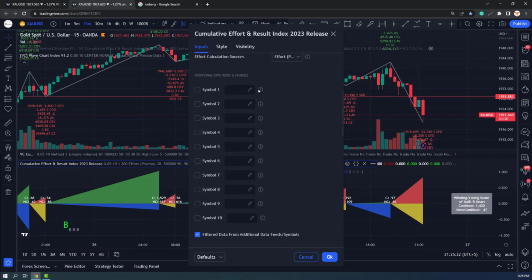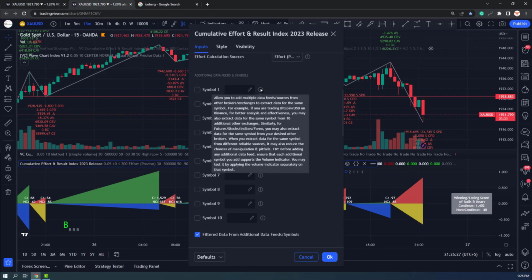Let's see how this information icon is helping you. It says that it allows you to add multiple data feed sources from other brokers' exchanges to extract data for the same symbol. For example, if you are trading Bitcoin USD on Binance, for better analysis and effectiveness, you may also extract data for the same symbol from 10 additional exchanges.